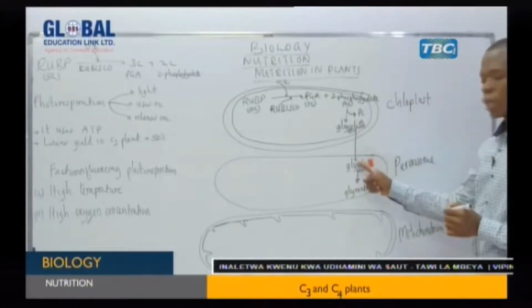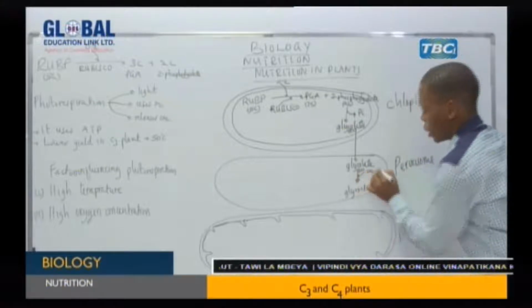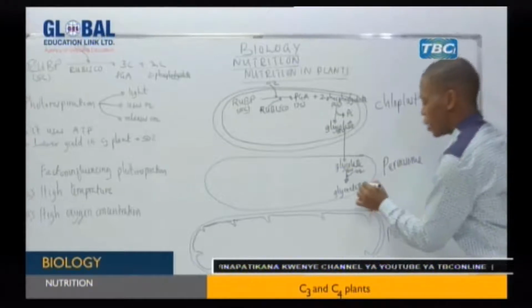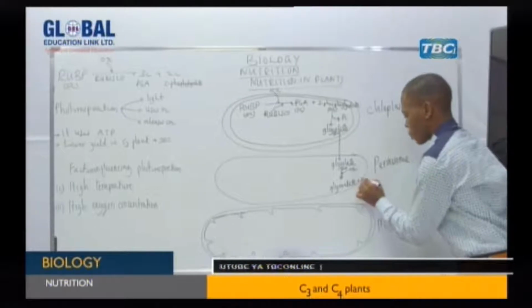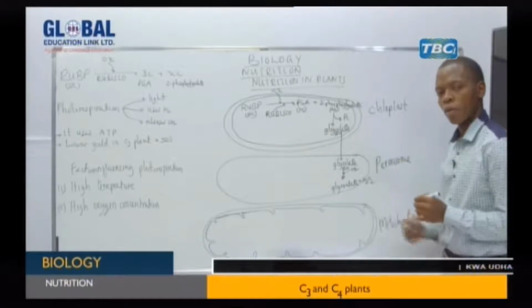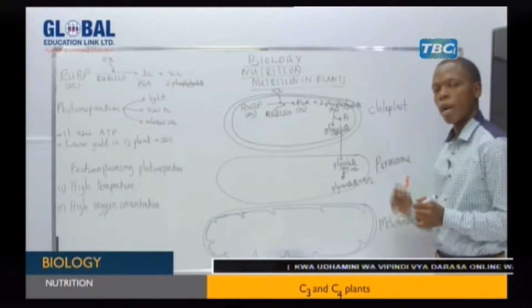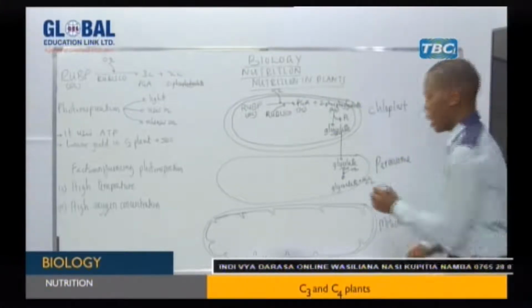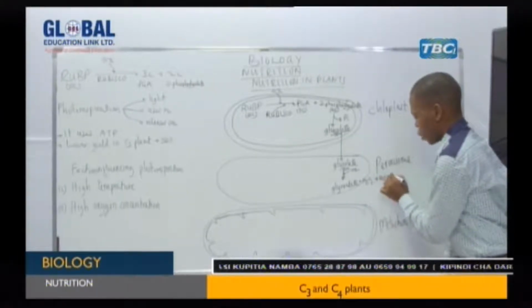But the conversion of this glycolate into glyoxylate uses oxygen. Once oxygen is used, it forms hydrogen peroxide. If you remember from the concept of cytology, we have said in the peroxisomes there are enzymes which are able to convert this hydrogen peroxide into water and oxygen.